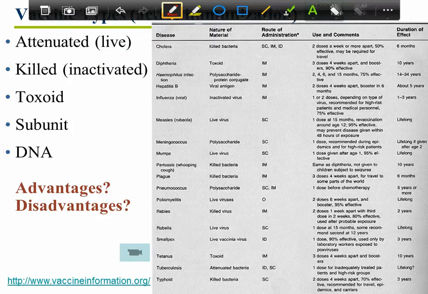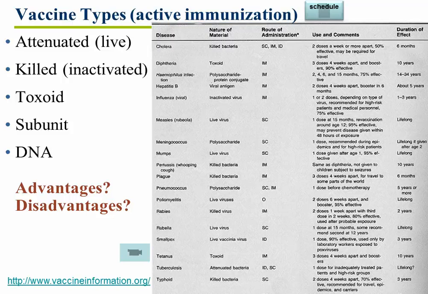Okay, second scenario. Active organism, but it's been weakened to the extent that it cannot cause a disease. This weakening is called attenuation. Examples, flu.